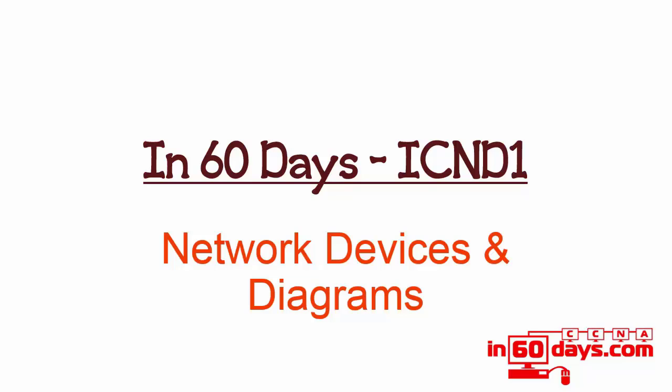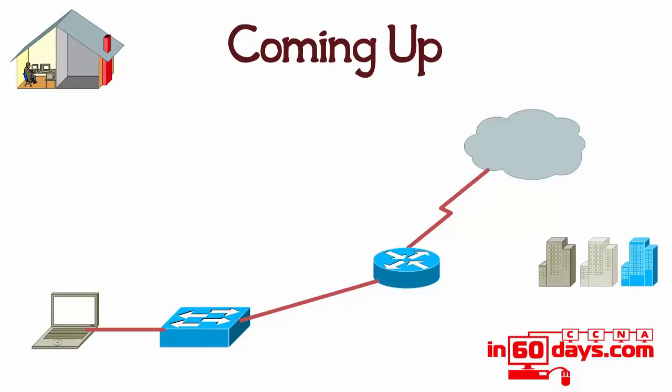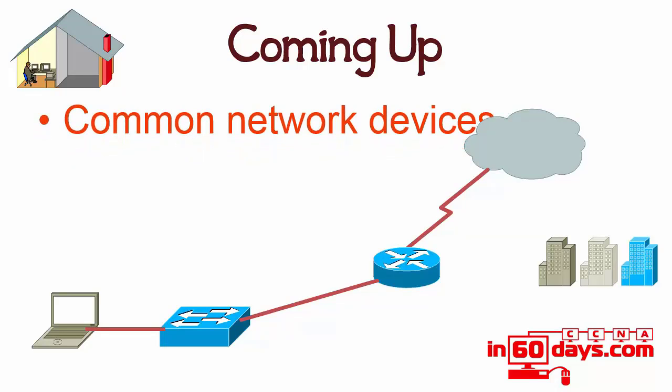Now they're just asking about the impact of devices like wireless access points and firewalls to your network. So I'll cover the things that they've included as they crop up in various slides.